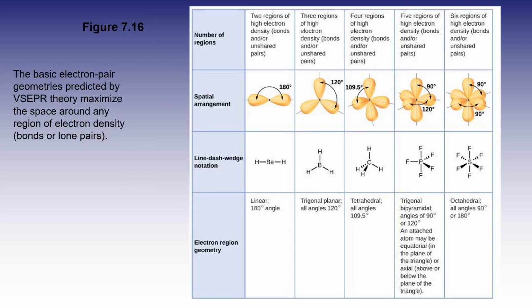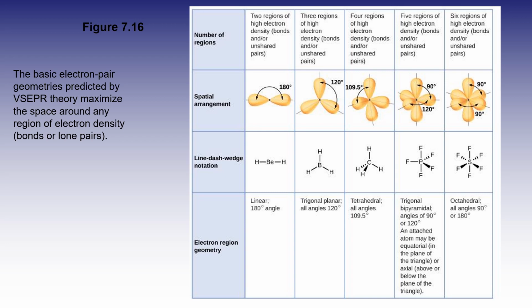So this is, I think, from your book, and again, this is the same thing that we had. So 2 regions of electron density, either a bond or an unshared pair in a region, electron domain, I like to call them.